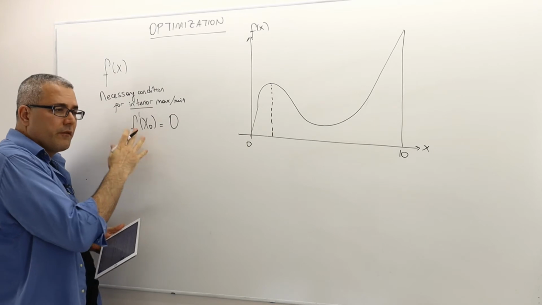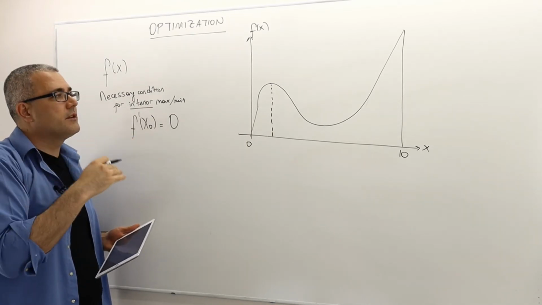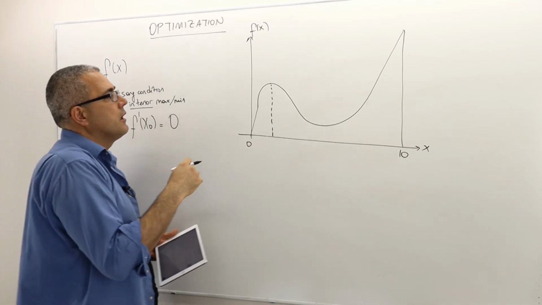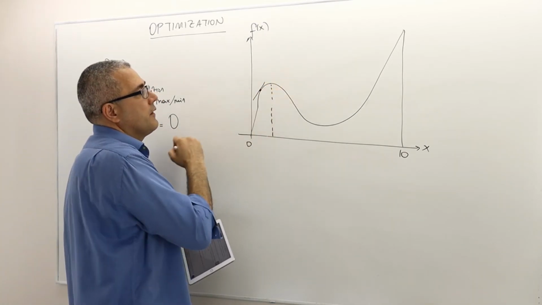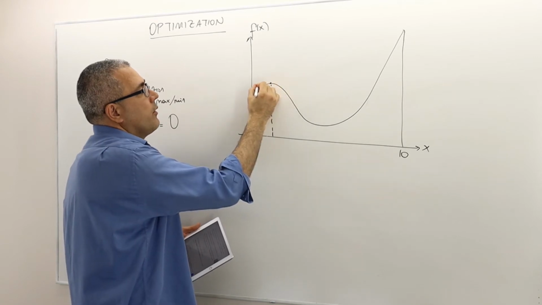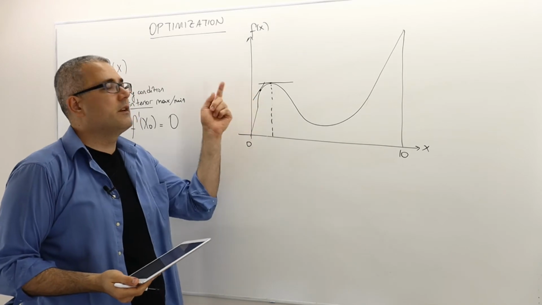The derivative of a function, remember, is the rate of change, or equivalently the slope of the function. The slope at this point is, for example, positive.